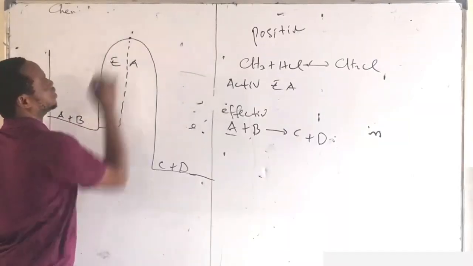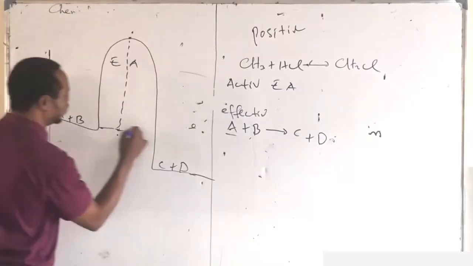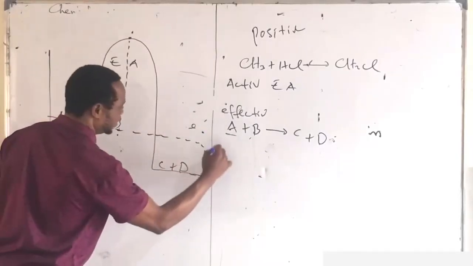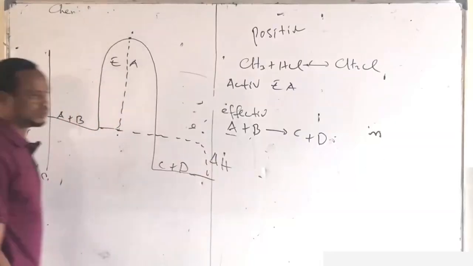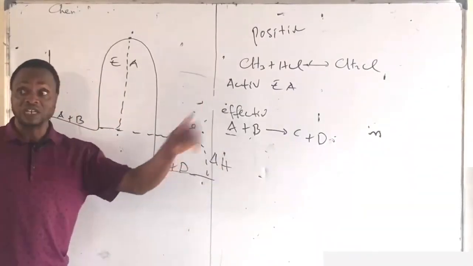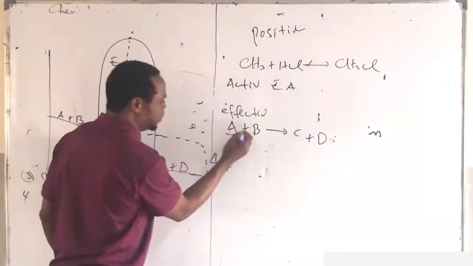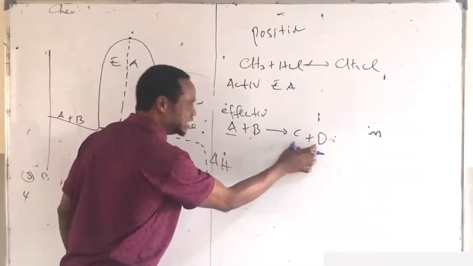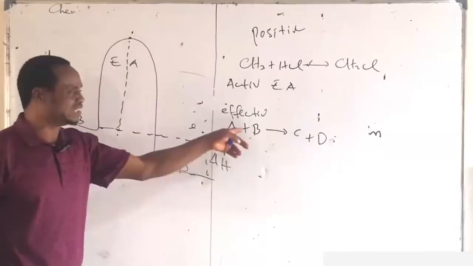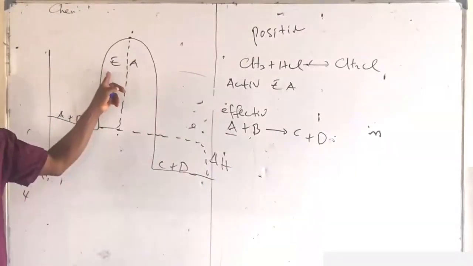Now, we call here the activated complex. Okay? Then other ones also exist. From here now you have what's called change in enthalpy, which is the total internal energy of the system, which we shall go into as we go on. Now, if A and B collide to give you C and D, it means that the energy A and B possess is enough to overcome the energy barrier here called what?